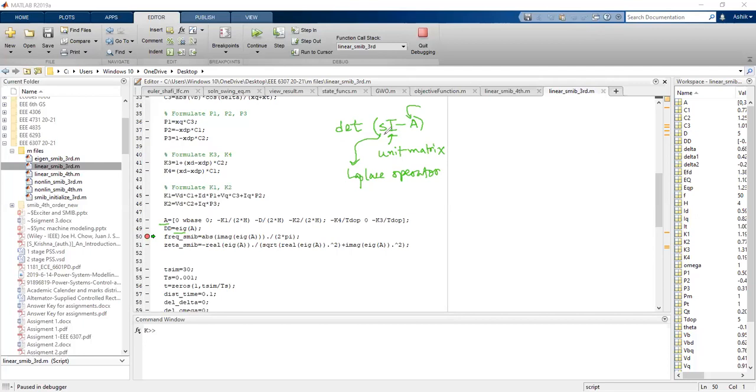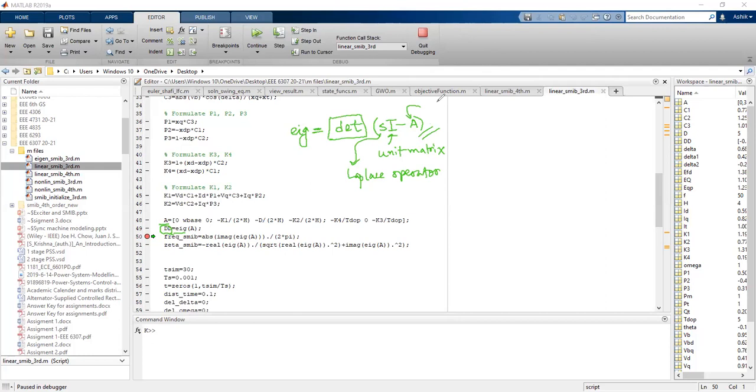So simply you form this SI minus A matrix and then you calculate the determinant. We will get the same values that you get here, which are nothing but the eigenvalues. If you want to cross-check with your hand calculation, you can do that. But because we have MATLAB, we are simply taking the help of the built-in command.